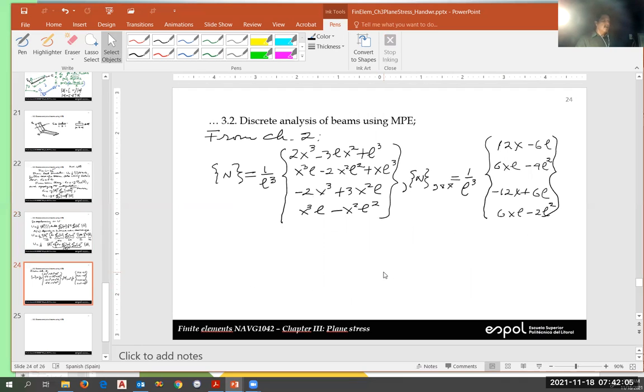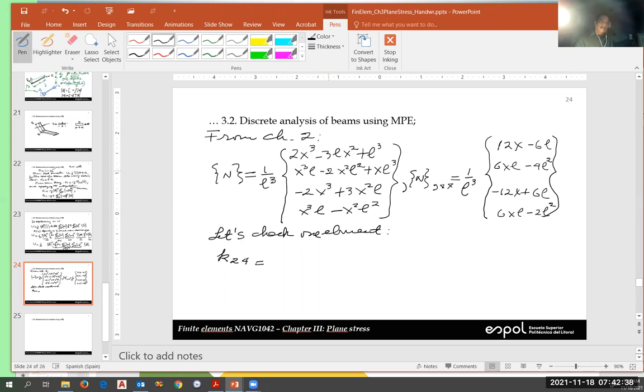Okay, so just to check, for example, let's check one element, only one element. Let's calculate the element K24. So it's going to be equal to what?